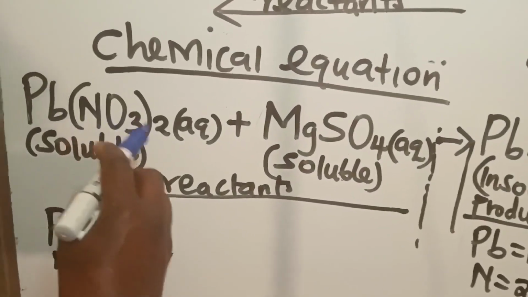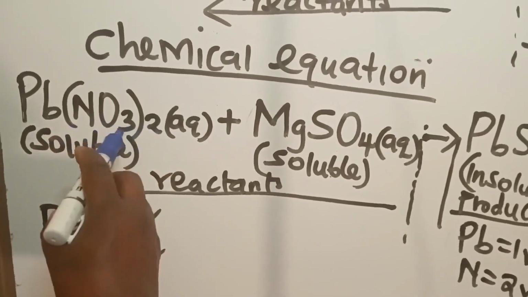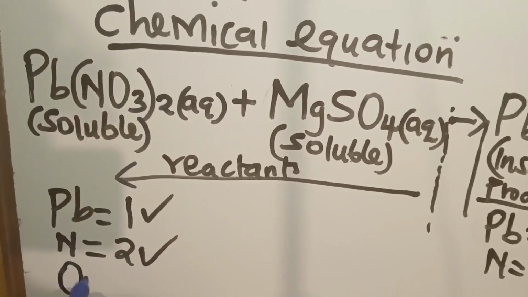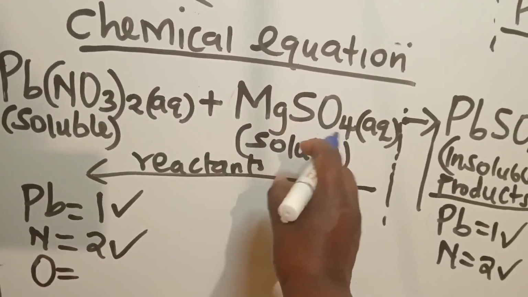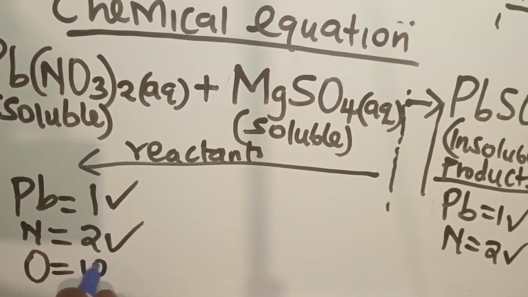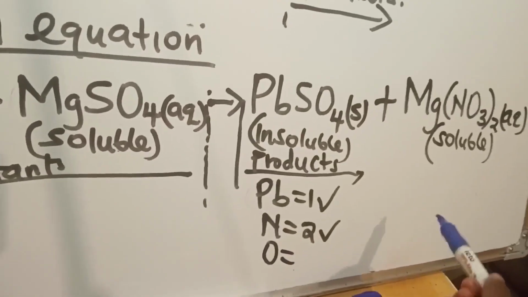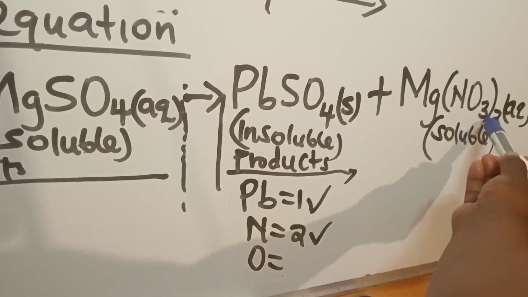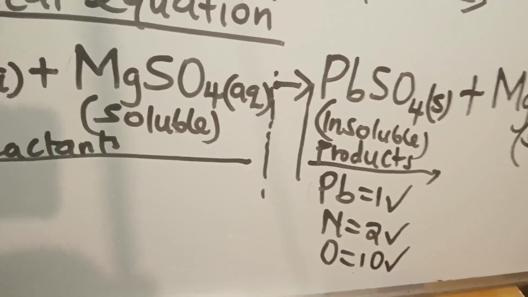From this point we have 6 of them because these 2 belong to both the nitrogen and oxygen, and oxygen in the bracket we had 3, so 3 times 2. So oxygens there are these 6 plus these 4. Don't forget that we have others on this part, so they are 10. When you go to the product side, how many are they again? We have these 4 and you have these 6, so they are also 10, so well balanced.